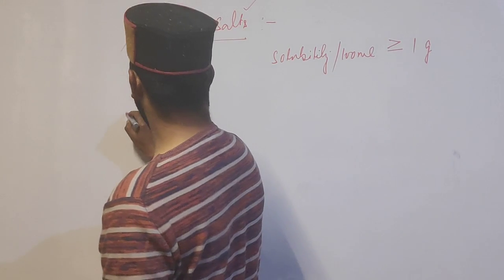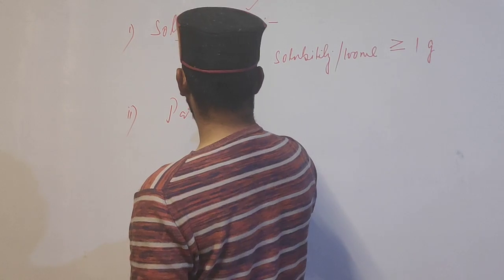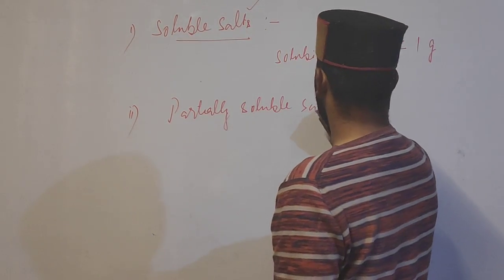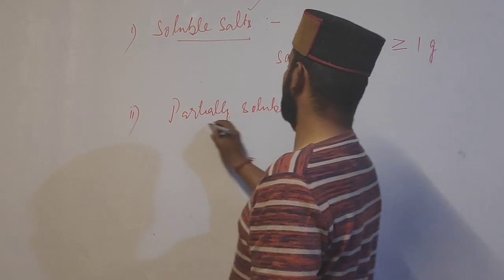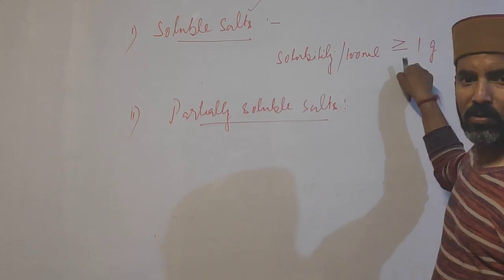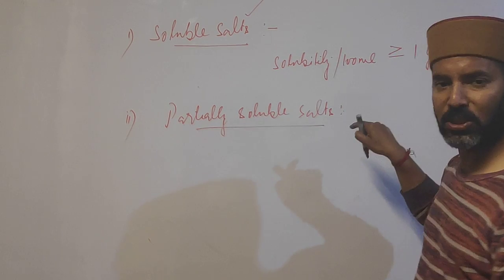Now second type of salts, they are called partially soluble or partly soluble salts. Now students, if less than 1 gram of the salt dissolves, we say it is partially soluble.